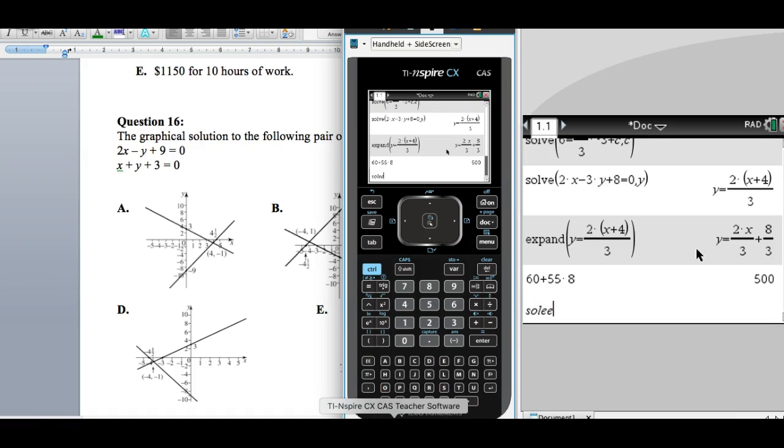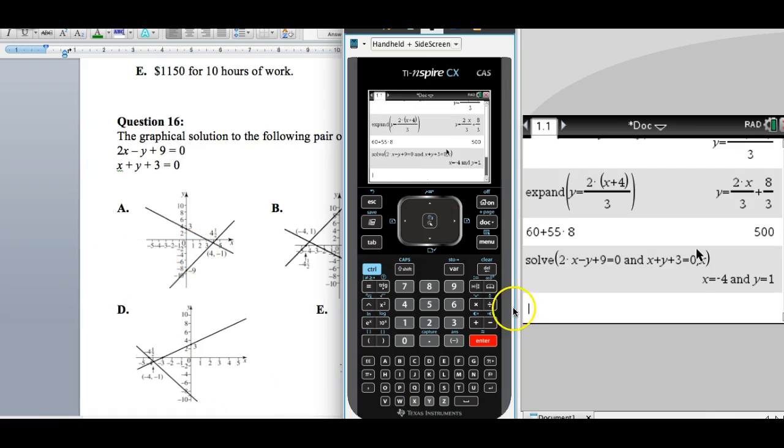So it's 2x minus y plus 9 equals 0, and the other one is x plus y plus 3 equals 0, comma x. Let's make sure we've typed it in correctly: 2x minus y plus 9 equals 0, x plus y plus 3 equals 0.